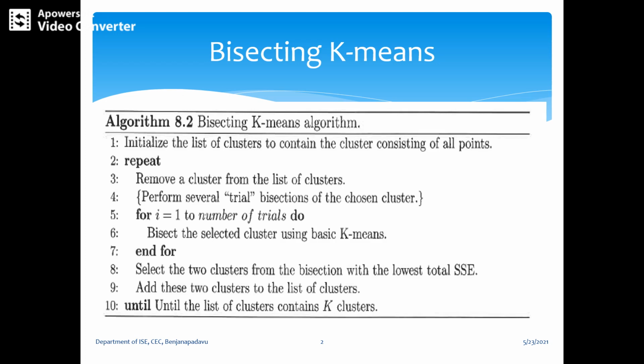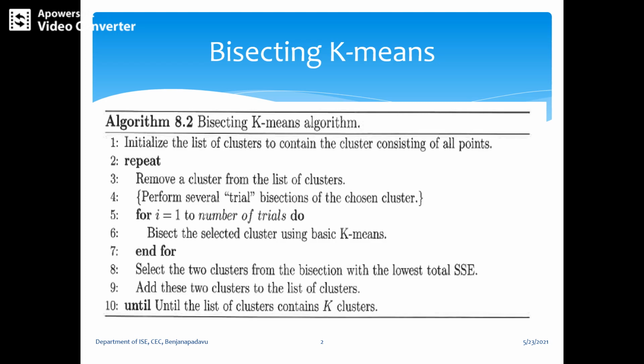The next step is to add these two clusters. Based upon this criterion, the sum of squared error, add these two clusters to the list of clusters, until the list of clusters contains k clusters. So these are the ten steps of the bisecting k-means algorithm.